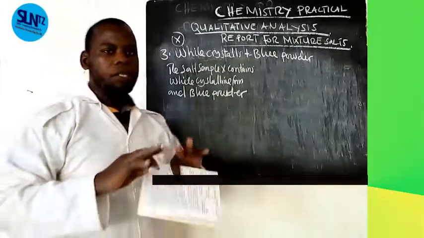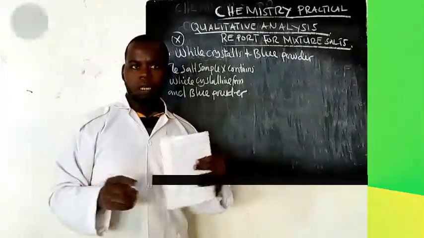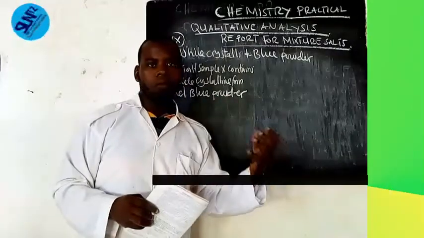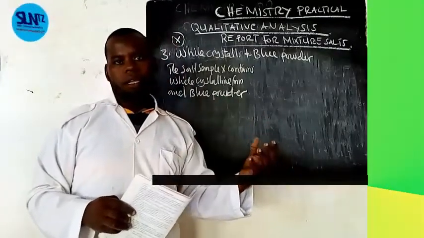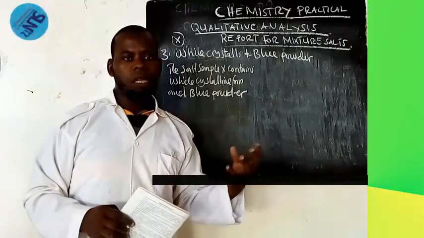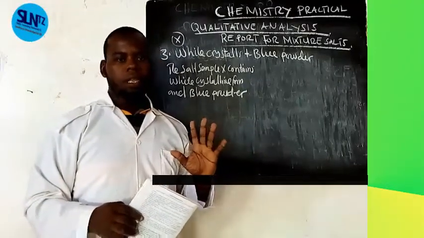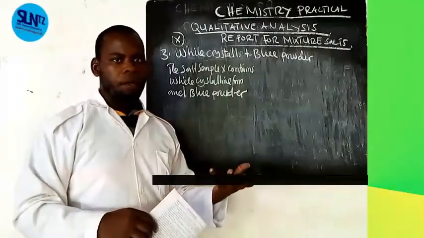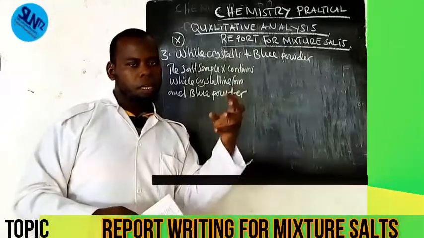And the sample is observed. You see, this is white crystal. This is blue powder. They are not mixed in that way. You can't observe. No. They mix it and you can observe, you can identify which color would be in which texture.